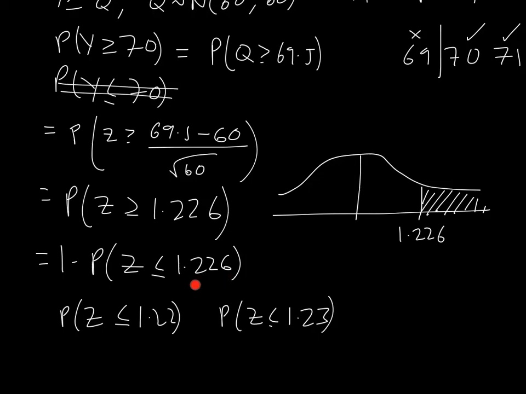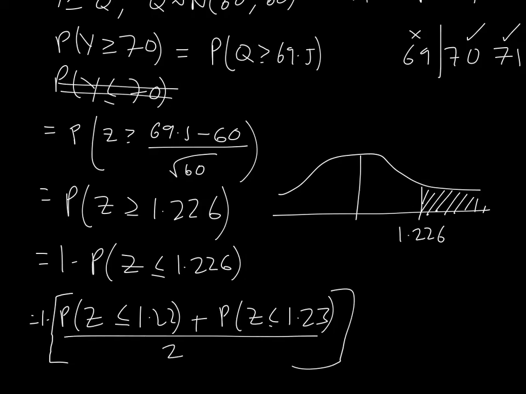So we could be more accurate by finding an average of these two probabilities and then doing 1 take away that. So that's exactly what we're going to do. So 1 minus these two probabilities added together and then divided by 2. So we're finding the average of those two results.